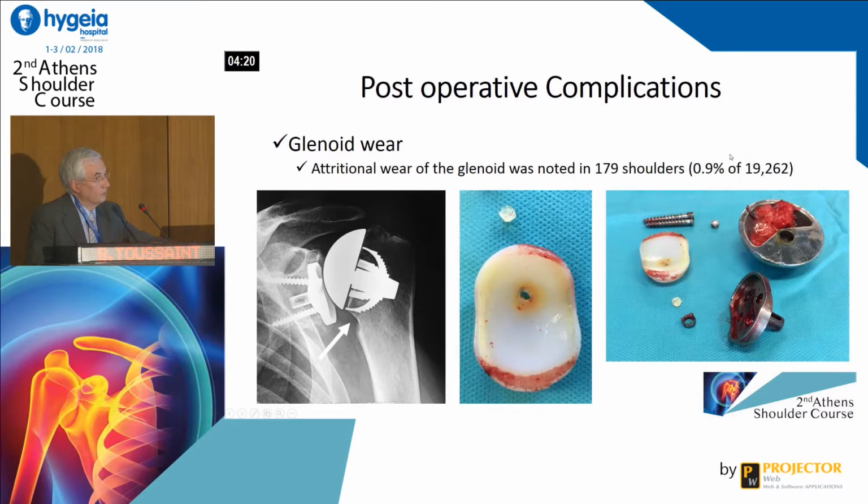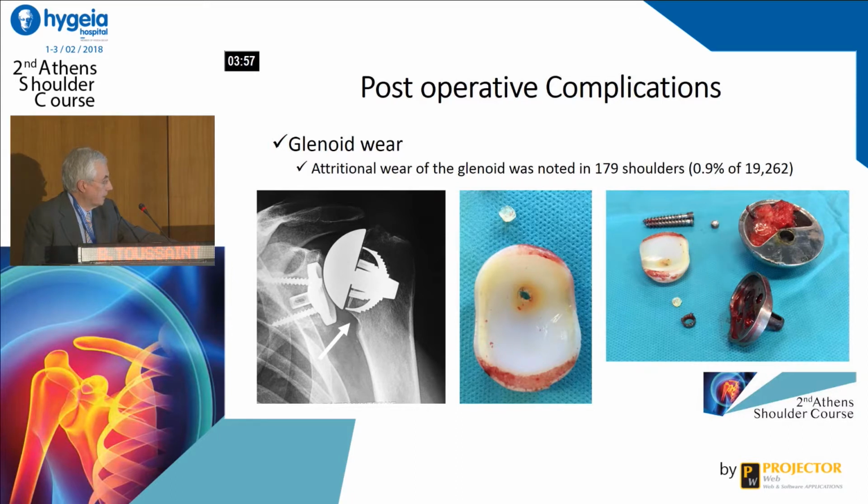For the treatment, you need to change the stem, and you need to remove the cement mantle and reintroduce a second stem. Sometimes you need to do that in two stages, or one, depending on the ability to do so.